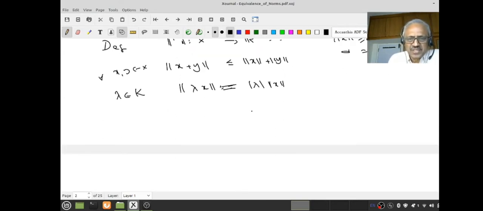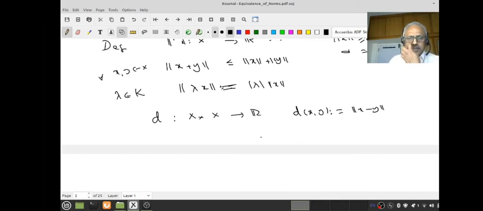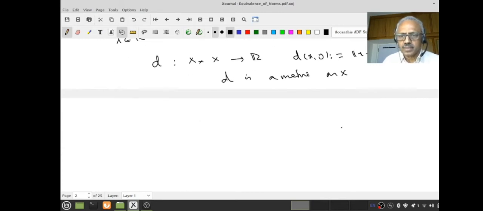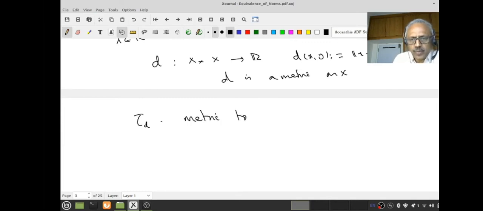Very good. Once I have a norm, I have a metric d from X cross X to R. How do I define it? d of x, y equals norm of x minus y. Using various properties, you can show that d is a metric on X. Once I have a metric, I have a topology.